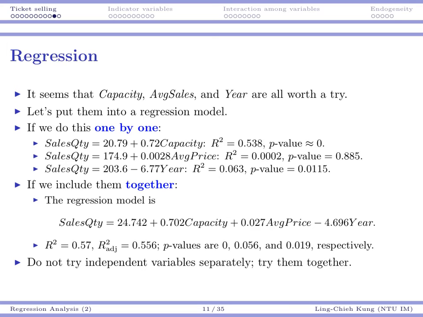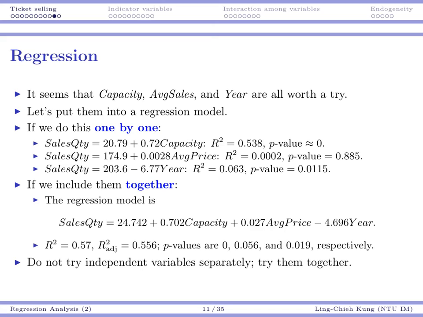Even though that's not very significant, there is some if we take away the impact of capacity and year. So the right thing to do is to put all the variables you are considering into your model together. Then our regression model would change a little bit to this one. So let's validate this model.